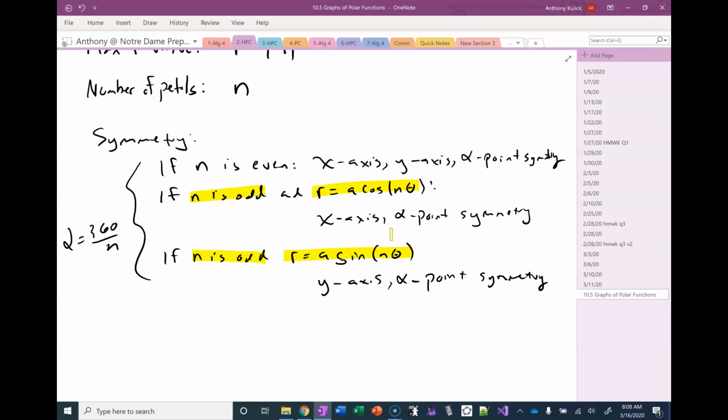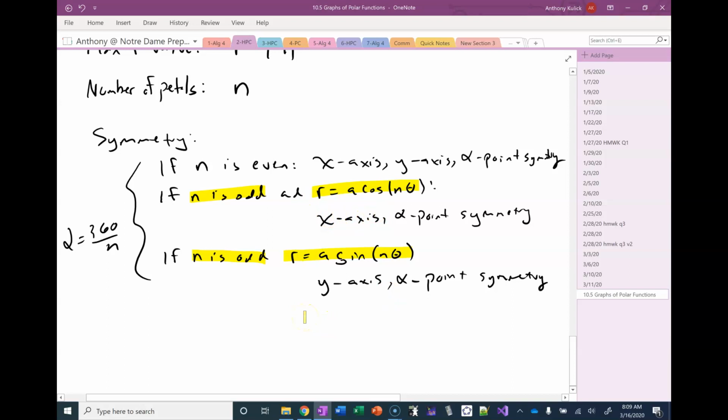Well, if you remember back to first semester, cosine has x-axis symmetry also, but not y-axis symmetry.